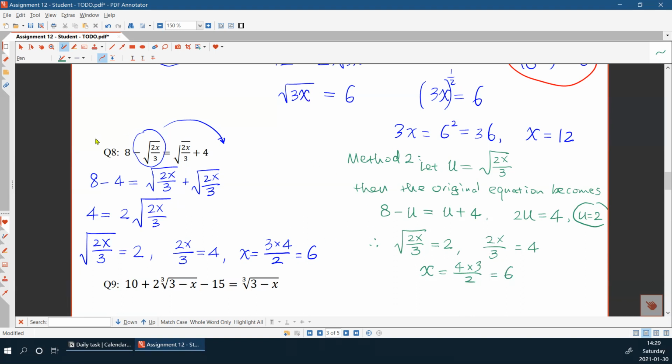Okay? You can choose either method. This is method 1. I'll write it here. All right, you can choose either method, whichever you feel comfortable with. Okay, any questions?